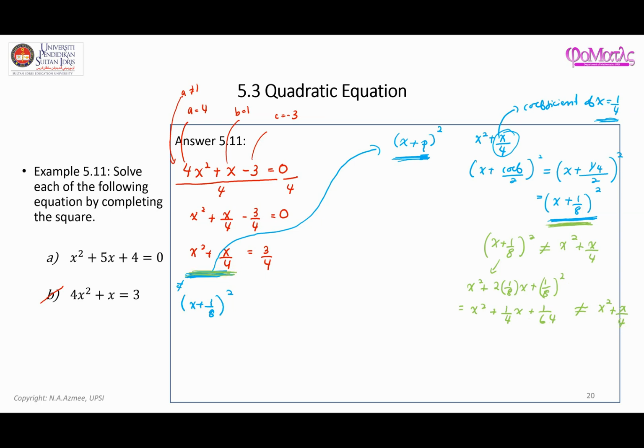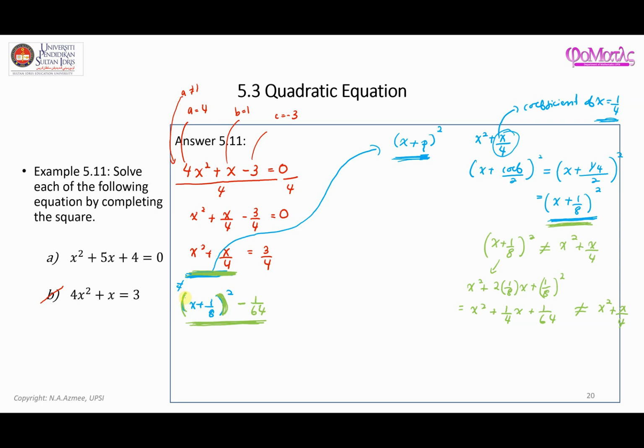So how do you manipulate this situation? If I want to be able to have this form of x plus p squared, I need to adjust and make sure that I subtract 1 over 64, so that the whole expression I have here is exactly equal to x squared plus x over 4.